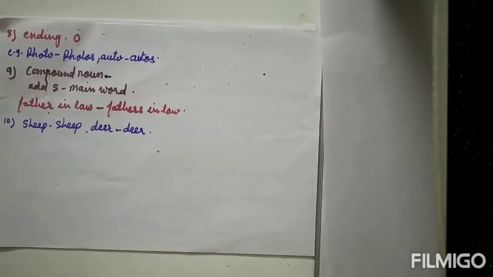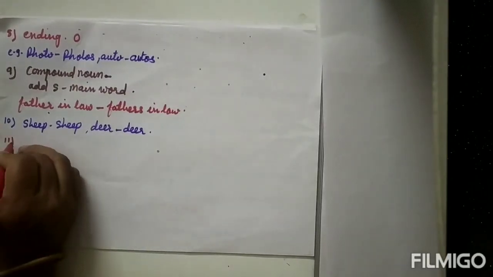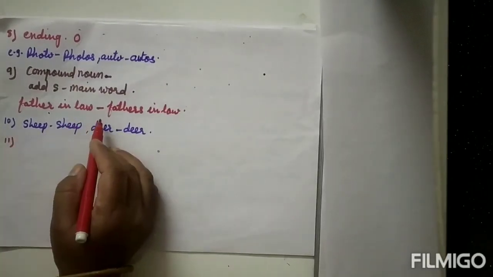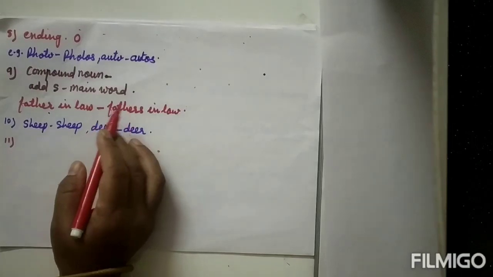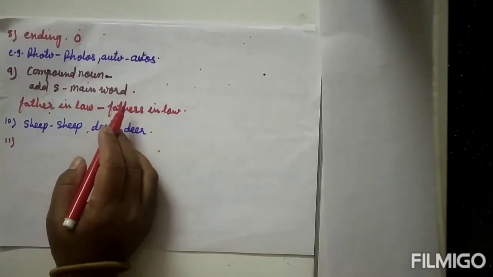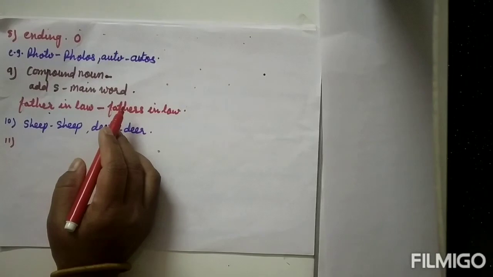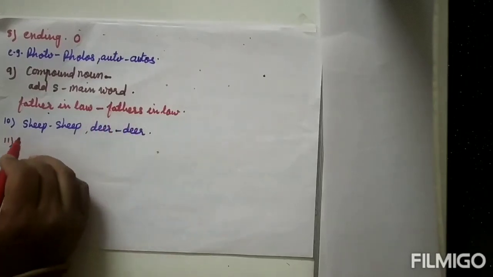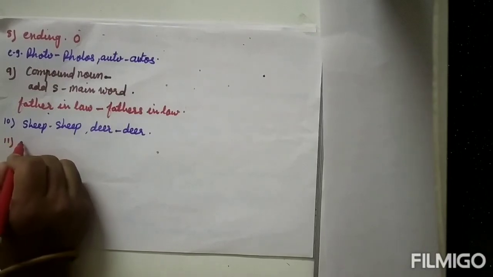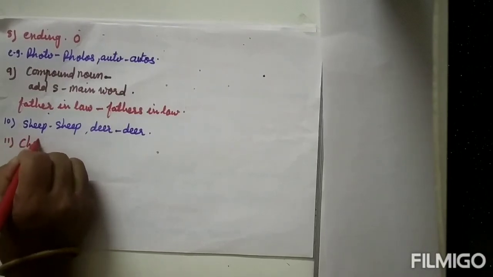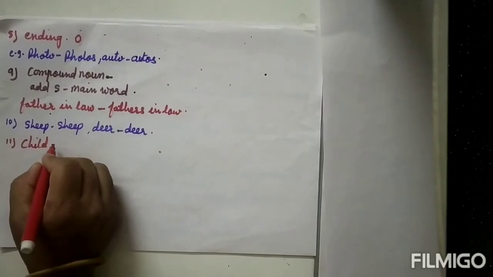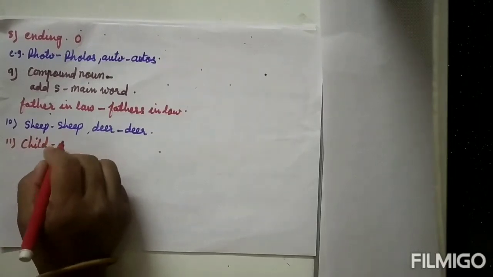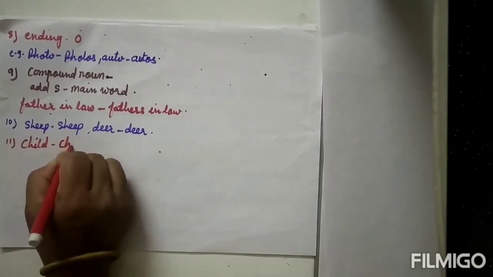Okay. Now next we'll see, some plural forms are irregular and their spellings need to be memorized because they do not follow any rule, means no regular form. They are irregular. Those words we are going to memorize. For example, child. The plural form of child is children.